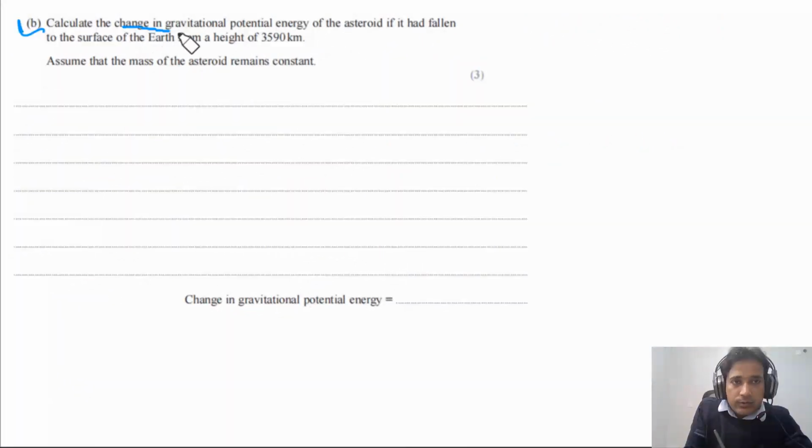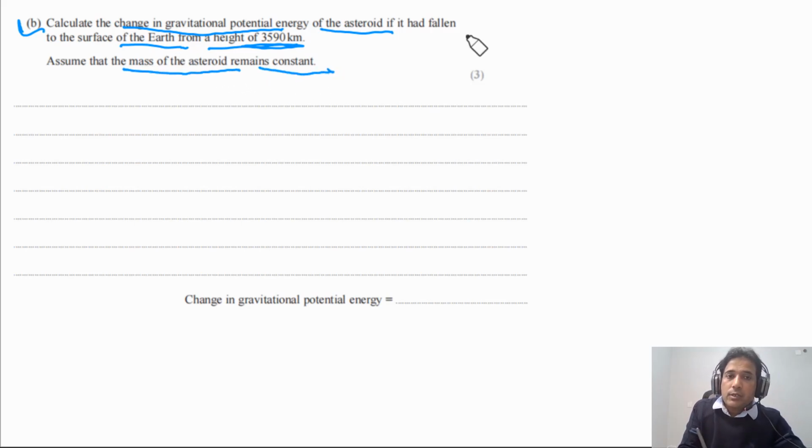Part B says calculate the change in gravitational potential energy of the asteroid if it had fallen to the surface of the Earth from a height of 3,590 kilometers. Assume that the mass of the asteroid remains constant. So first of all, let's sketch and try to visualize. Let's say the mass of Earth is capital M and this one is the asteroid and its mass is small m.